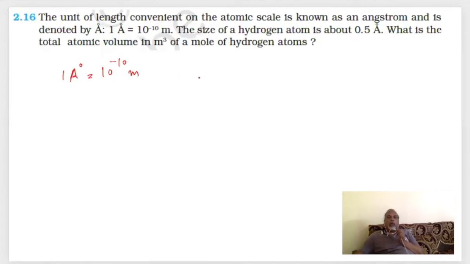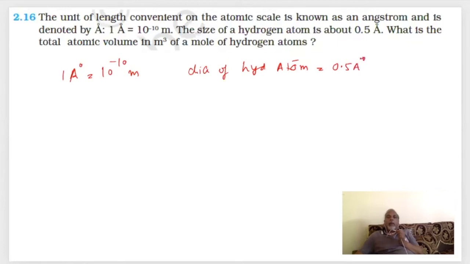The size of a hydrogen atom is about 0.5 angstrom. Size means it is the diameter. The diameter of the hydrogen atom is given as 0.5 angstrom.